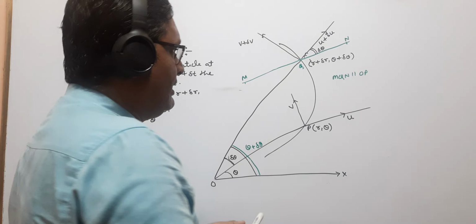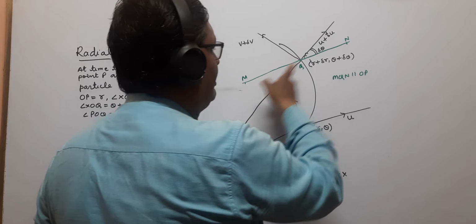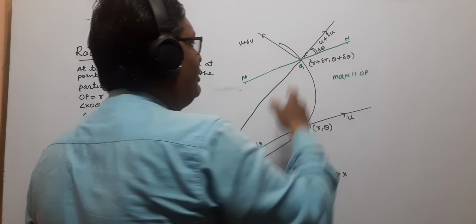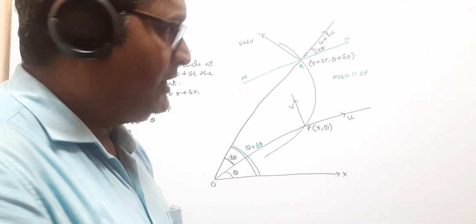Now we find the component of velocity along QN. We find the velocity component of u plus del u in the direction of QN.